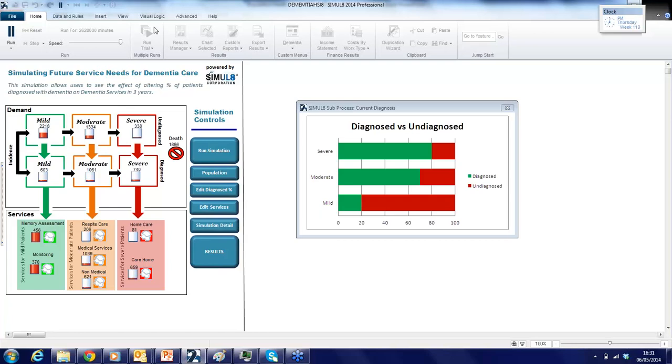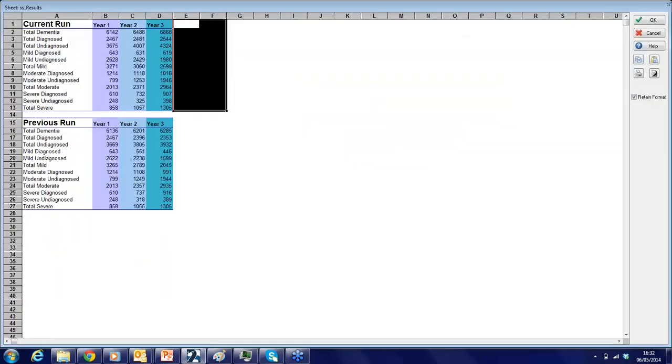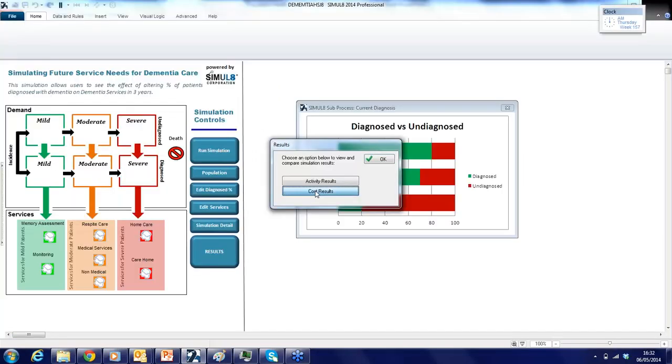So I can now look at my different results and I can see that I get a slightly different number of people. So I've got more people that are diagnosed now with dementia as a result of running my scenario. And if I look at my costs, you can see that there's a difference in cost.